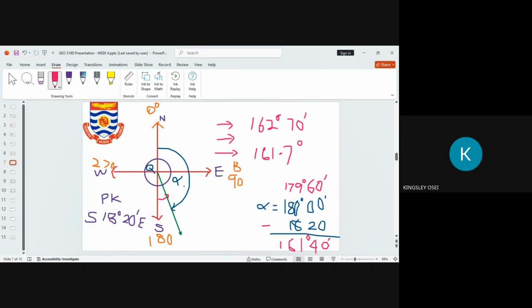Okay. So the answer is 161 degrees, 40 minutes. The first level under the degree is minutes. The second one under the minutes is seconds.